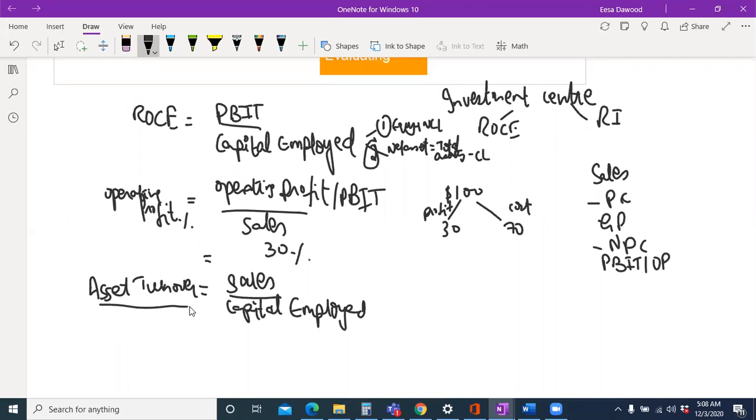So asset turnover is sales over capital employed. There are two important things that have a relation to ROCE, which are operating profit margin and asset turnover.